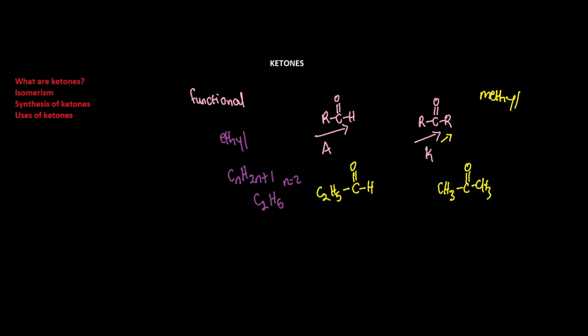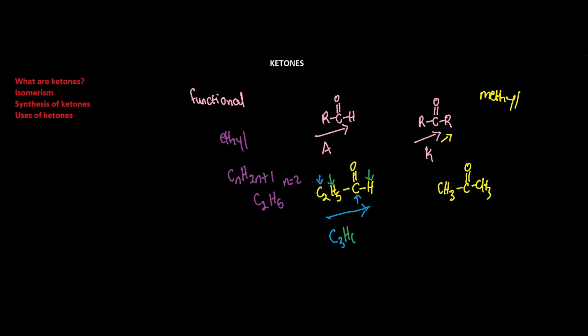Okay, now the total number of carbons that we have in this particular aldehyde, we have 2 carbons here and 1 carbon here. So in total we have 3 carbon atoms, so C3. Now on this side we have 5 hydrogen atoms and here we have 1 hydrogen atom.